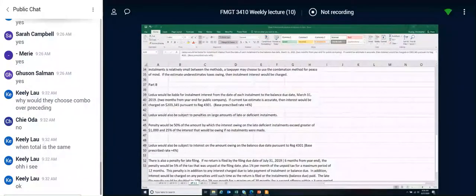Does that look right? Is the balance due date the March 31st for Ladue, based on what was taught last class?